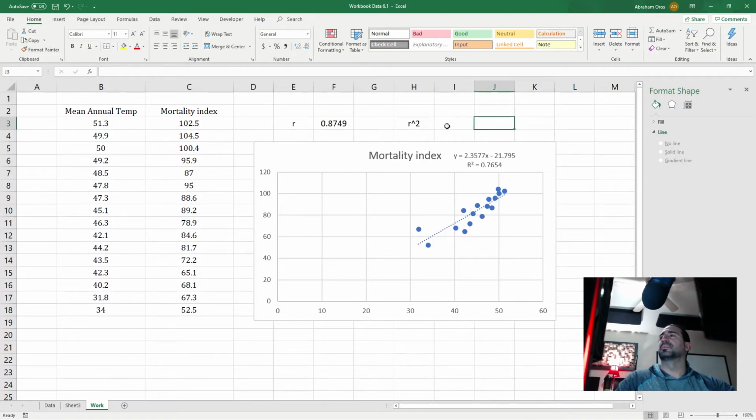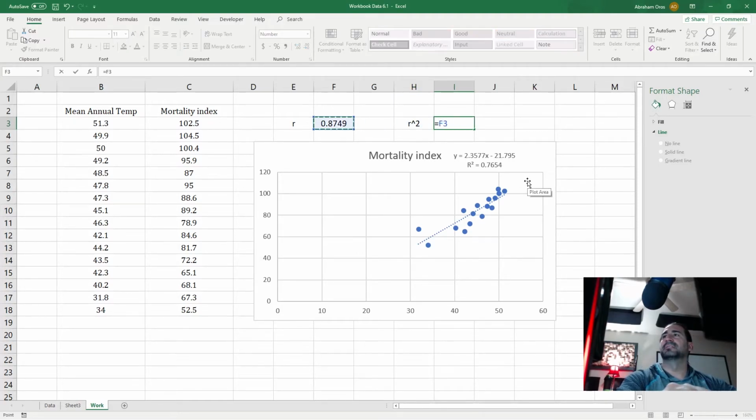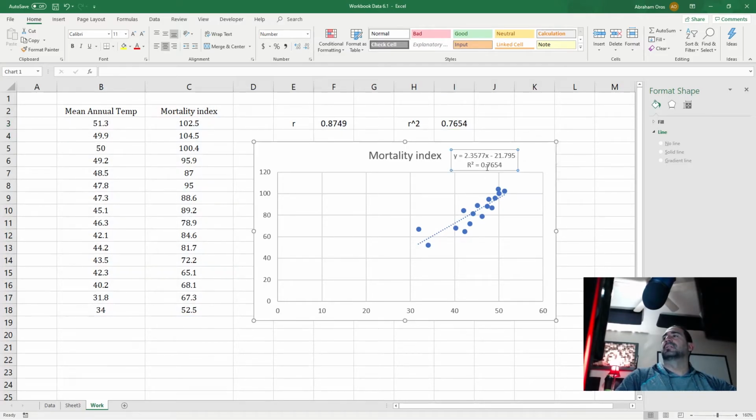Before we go back to the workbook, though, I want to talk about this r squared. This r squared, if it's a little easier to see it this way, is a little r squared. And so if we were to see that formula, we're really taking this value that we got for r and we are squaring it. And that gives us 0.7654. And that is the number that you have here.